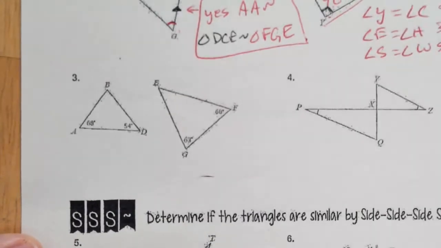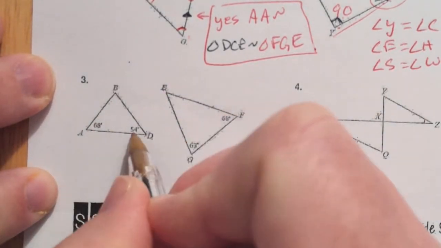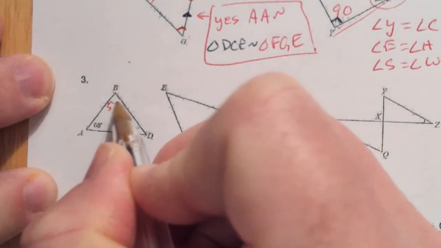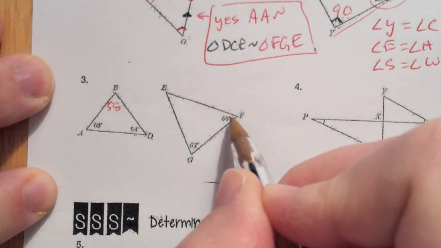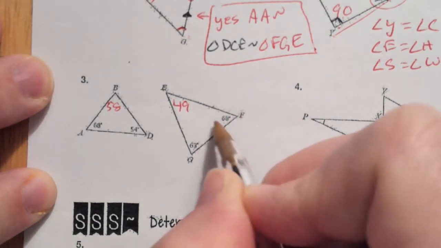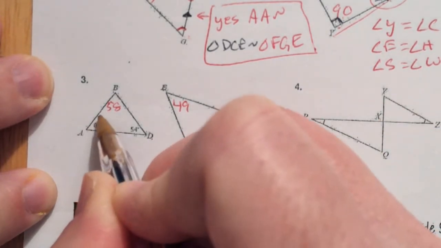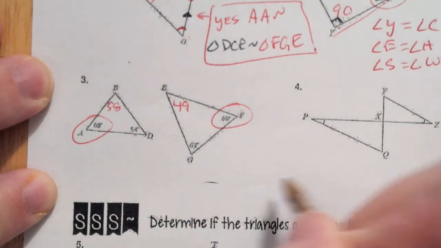Okay, so same idea here. So 68 and 54, we'd have 58 left over. 63 and 68, we would have 49 left over. Okay, so as of so far, I know that the 68 and 68 are equal, but that's all I have. There's nothing else.